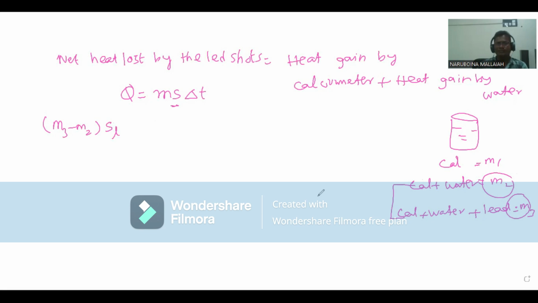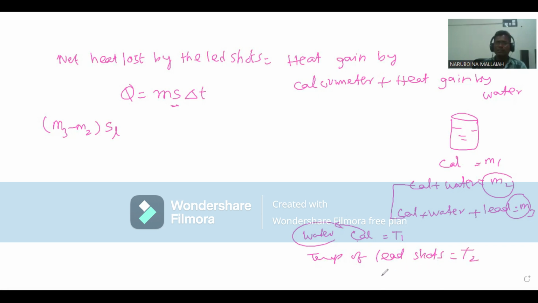Then temperature. To recall temperature: calorimeter, initial temperature is T1. Next, water. Temperature of water in calorimeter, that is T1. Temperature of lead shards, that is T2.